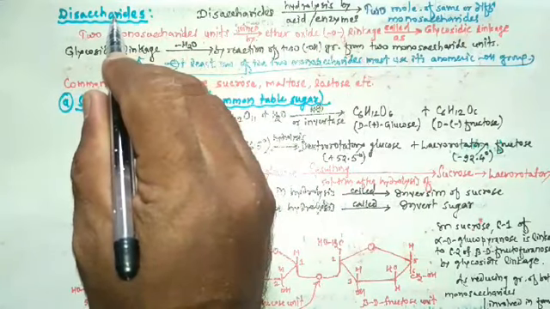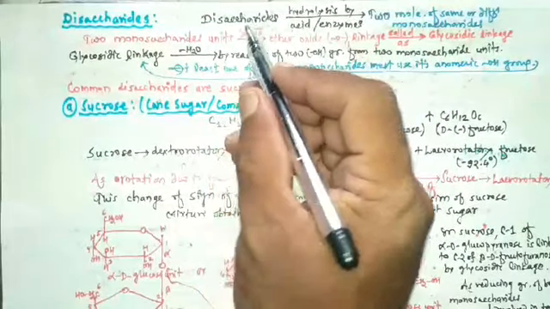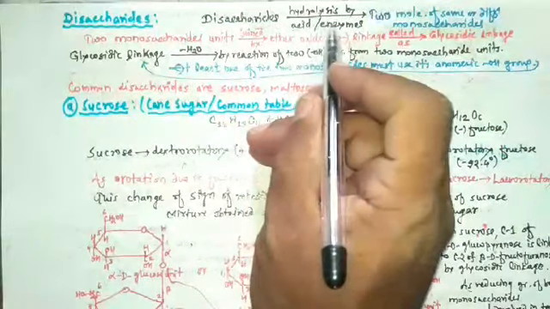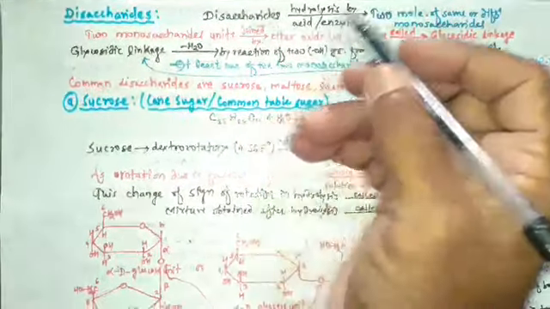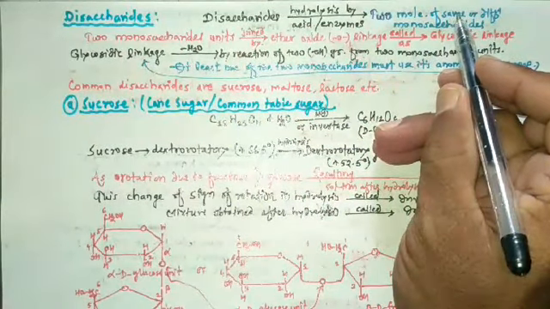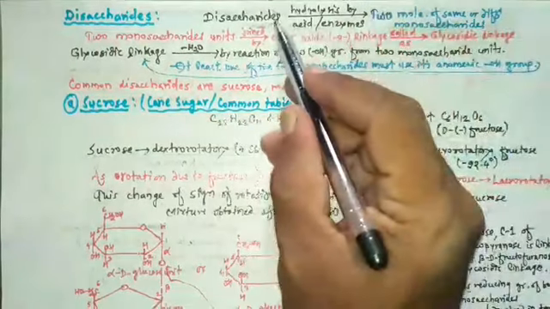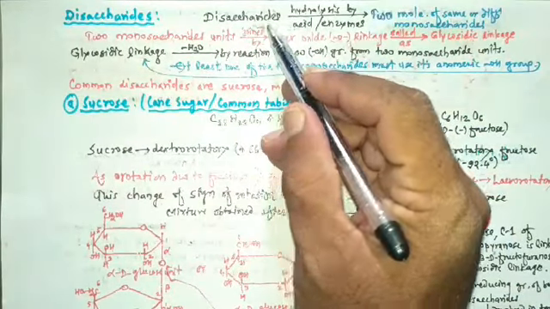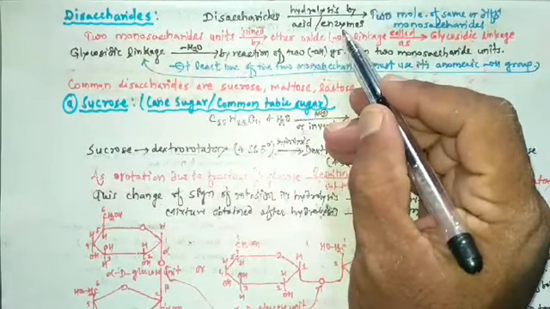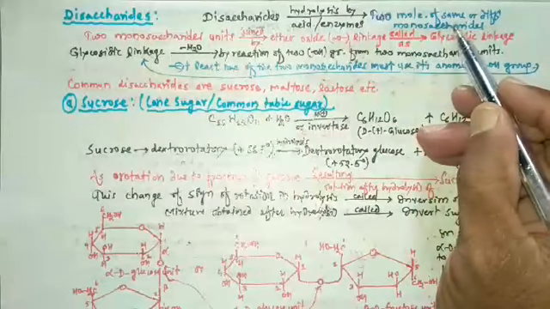Disaccharides are the carbohydrates which on hydrolysis by acid or enzyme give two molecules of the same or different monosaccharides.